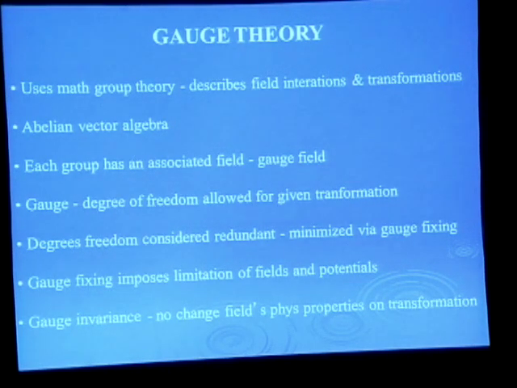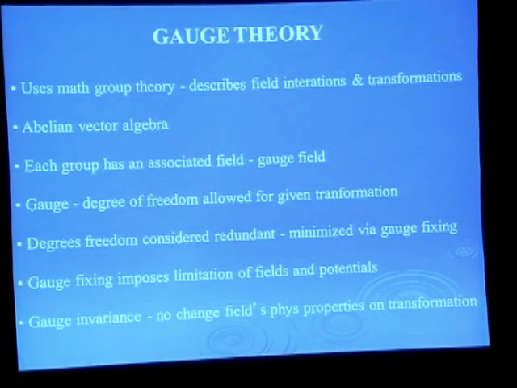The gauge refers to the degrees of freedom that are given when a field is transformed into another dimension, and it's considered a bad thing. The field shouldn't change its properties when it's looked at in another set of coordinates. So they always try to limit the number of degrees of freedom by a process called gauge fixing, and gauge fixing imposes certain limitations on the fields.